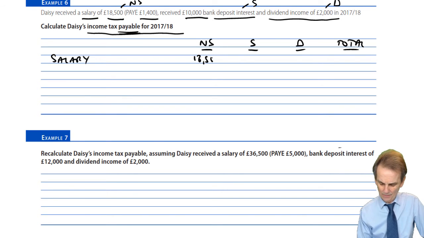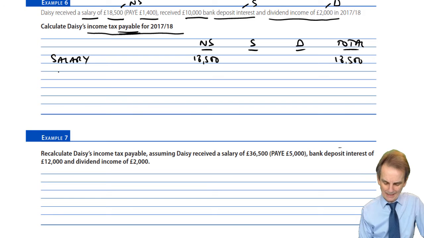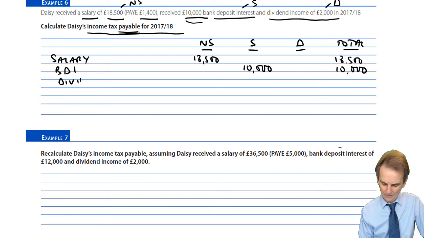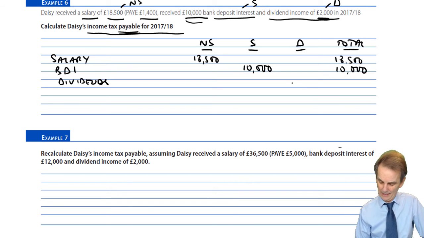As we already know, non-savings, and into your total column. We've got bank deposit interest, some £10,000 there, savings income, in it goes. And finally, we've got our dividends received as well. How much were they? £2,000 there, into the dividend income column, and of course into your total column.